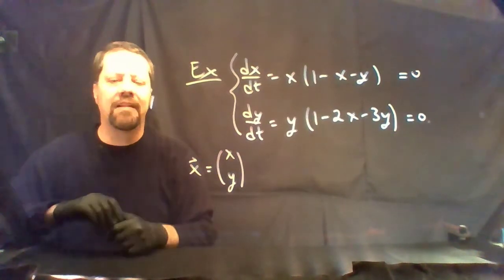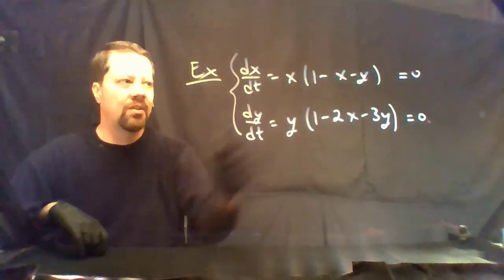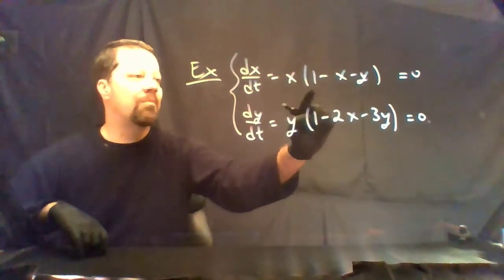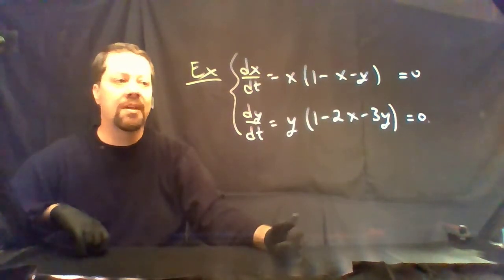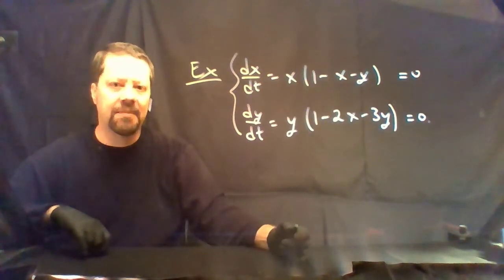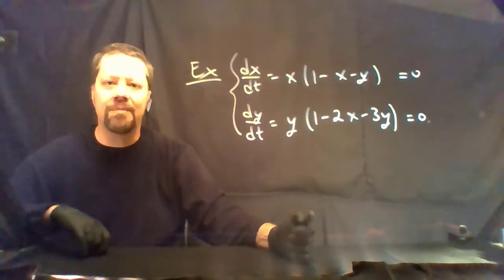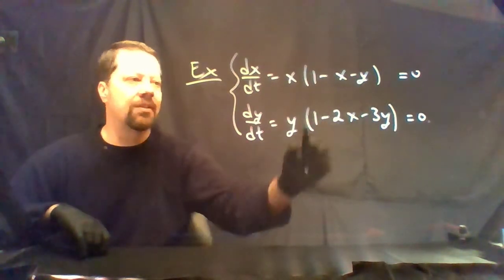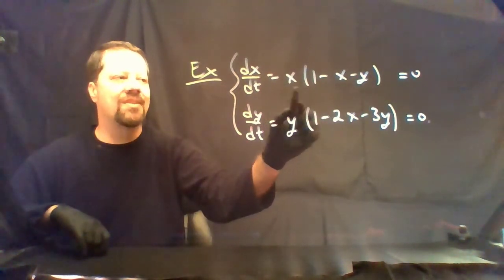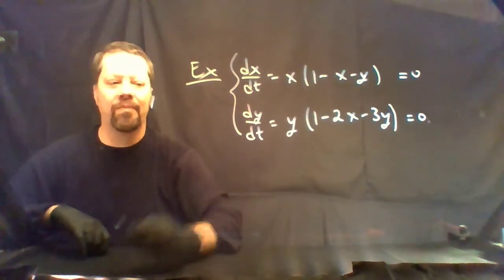I want you to think a little carefully about the logical structure of these equations. When I have two things multiplied together equaling 0, we may use the zero product theorem to solve this kind of equation. The zero product theorem says that if I have a times b equaling 0, then either a is 0 or b is 0 or both.